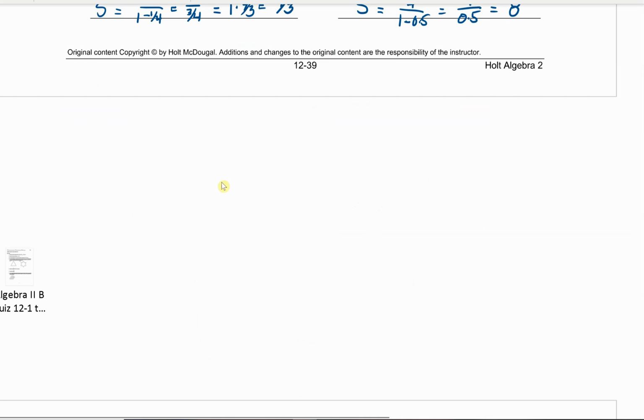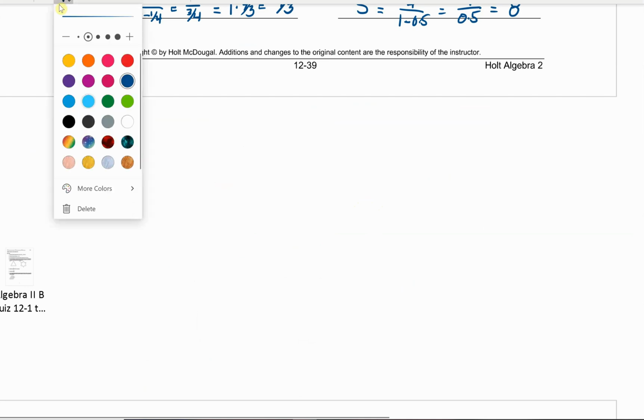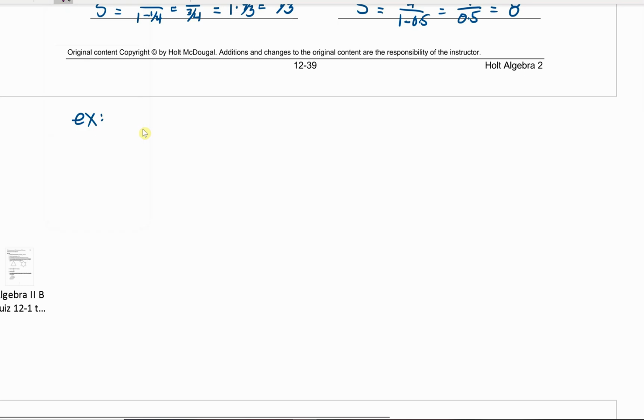So let's try one. Let's try this one here. 0.1111, and so on. So rewrite this. It's like 0.1 plus 0.01 plus 0.001.